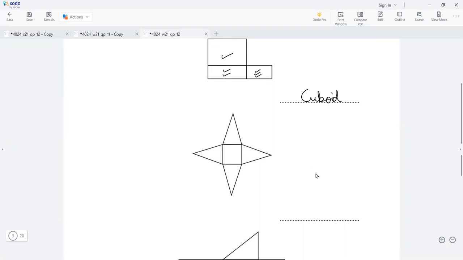It will be a square based pyramid. Or if we write just pyramid, it will be fine as well. A pyramid has one apex point. The apex is a point where all of the triangles join when we close it.